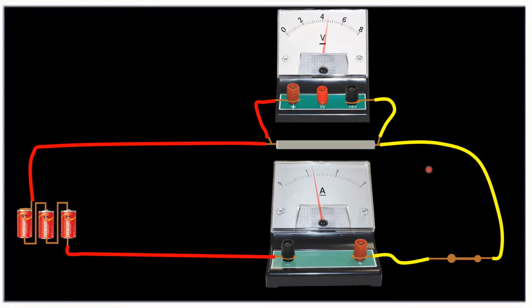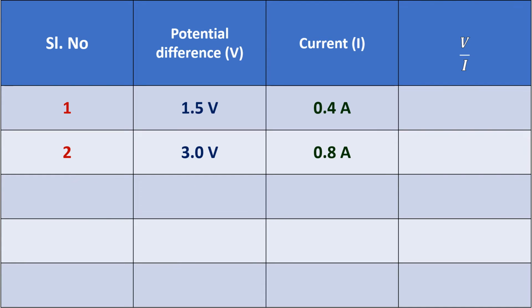So let us note down the readings here. Current is 1.2 amperes, voltage is 4.5 volts. Let us note down these readings in the table: 3, 4.5 volts, 1.2 amperes.